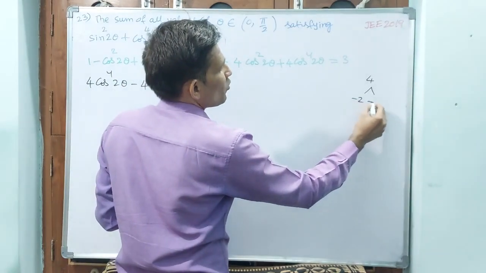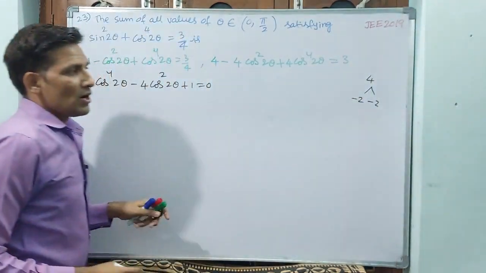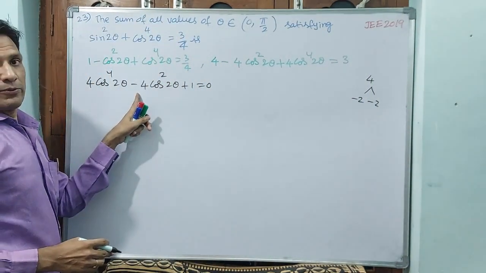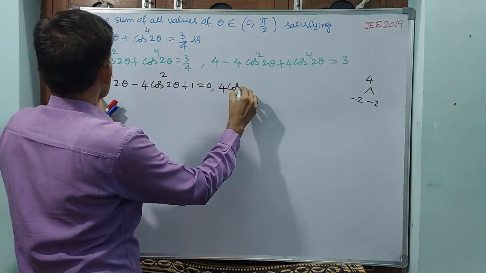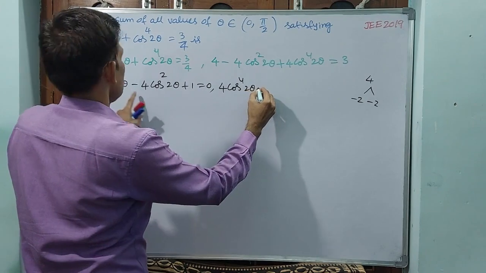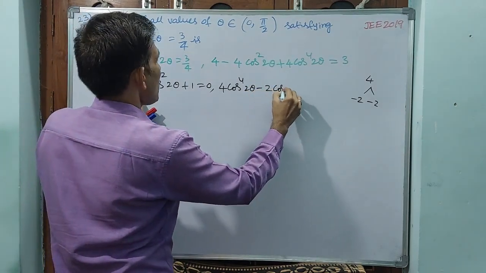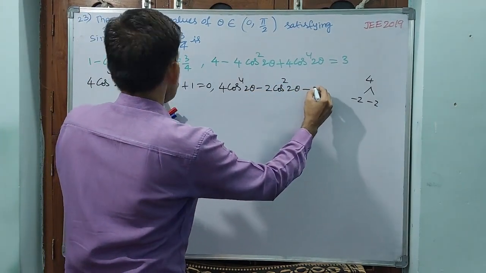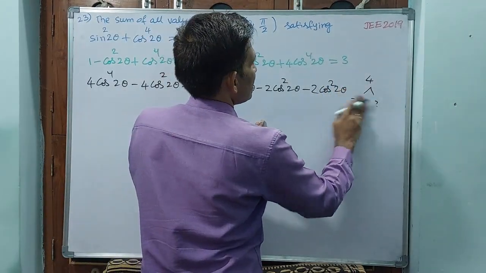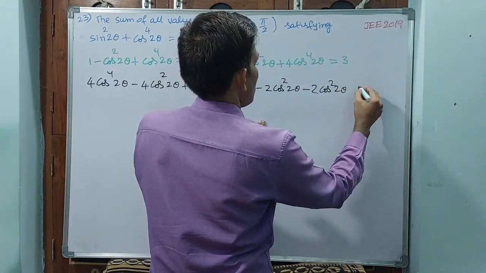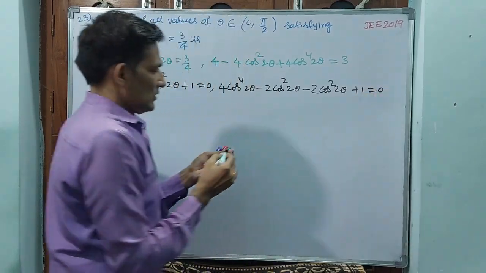See, minus 2 into minus 2 is plus 4, minus 2 plus minus 2 is minus 4. Okay. Now see, 4 cos to the power of 4 2 theta minus 2 cos square 2 theta, again minus 2 cos square 2 theta, okay, plus 1 equal to 0.